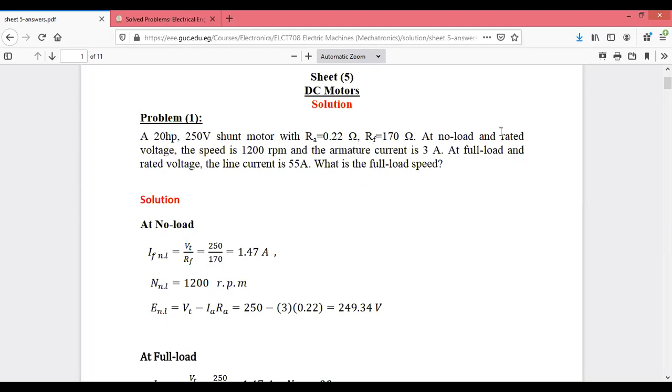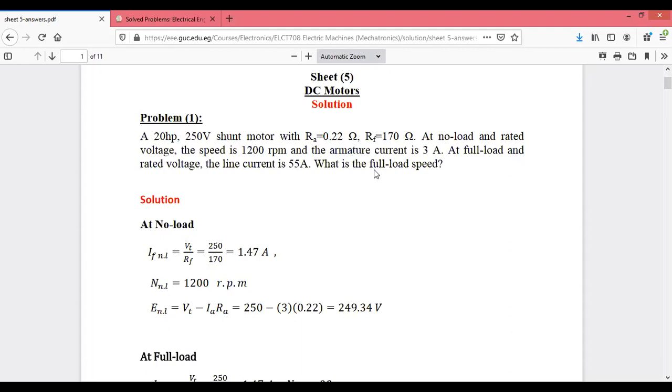The armature current at no load will be 3 ampere, and at full load and the rated voltage, the line current they have given, which will be nothing but the armature current, is 55 ampere. So we are supposed to find the speed with the full load.